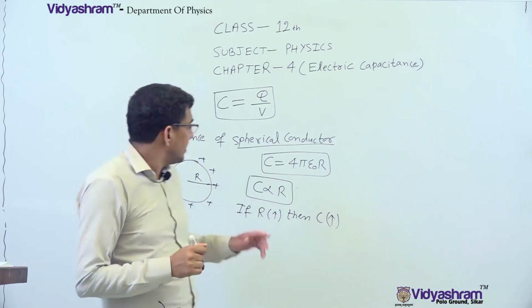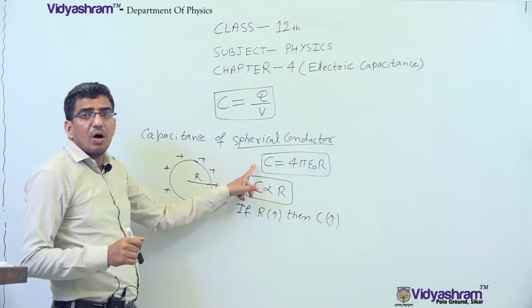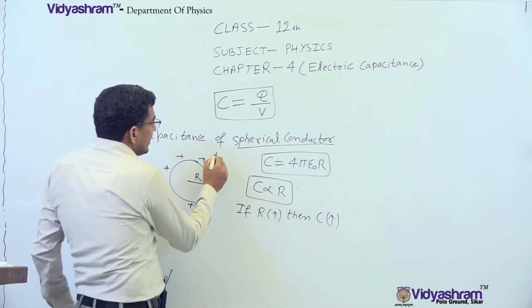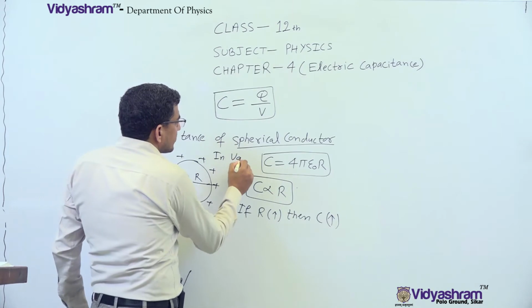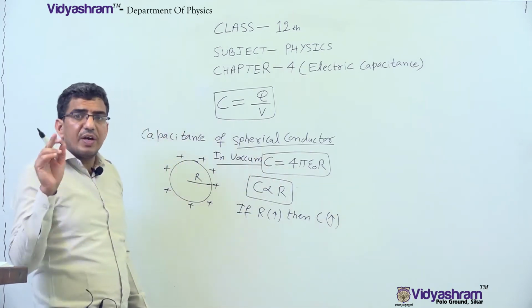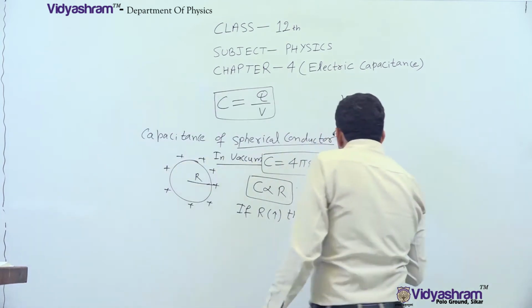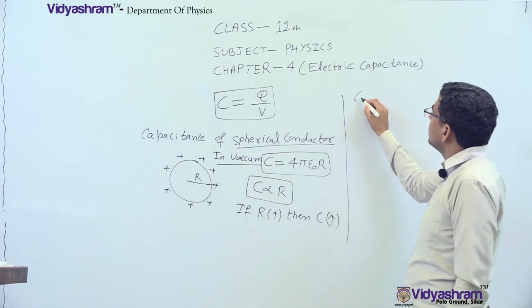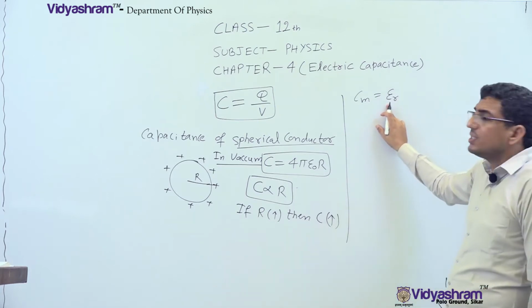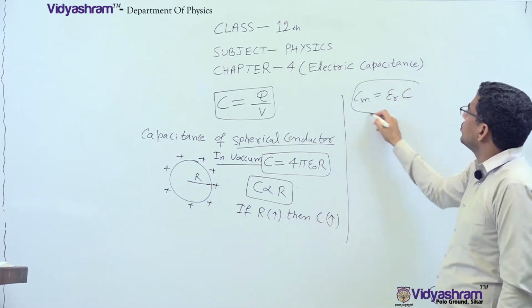This capacitance of a spherical conductor is in vacuum, and I told you that in a medium the capacitance increases epsilon R times with respect to vacuum.